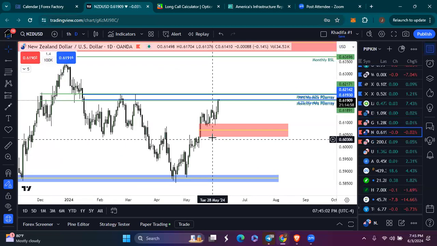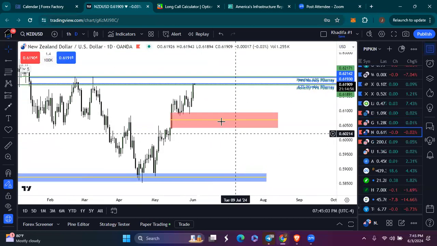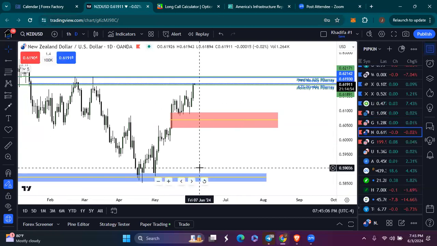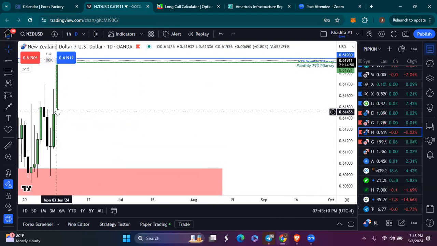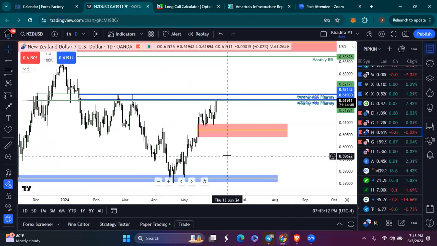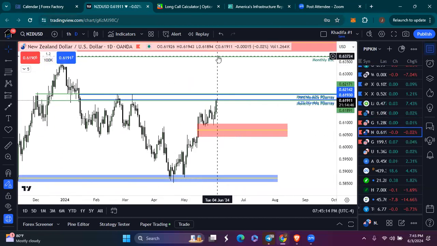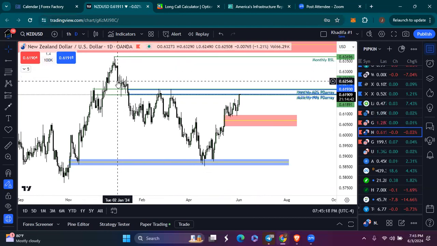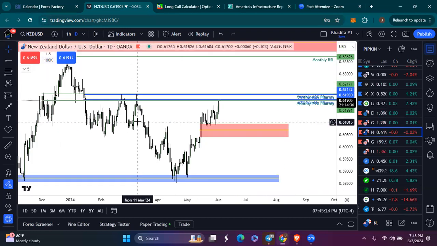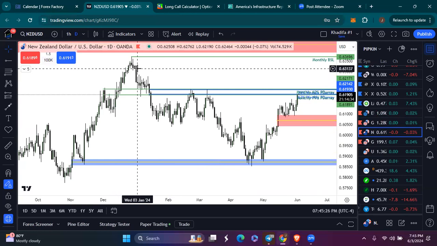Now that we reached up into these weekly PD array levels, I do expect us to pull back down into the discount PD arrays of today's price range, or I'm looking for a real aggressive push to the upside to run this swing high and run into this daily fair value gap from January 2nd. Cool beans, right here.